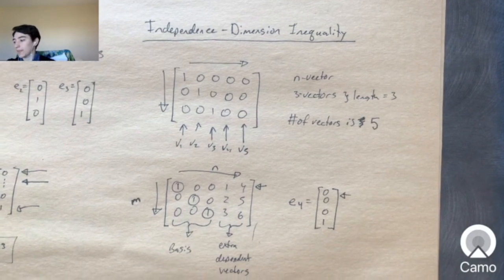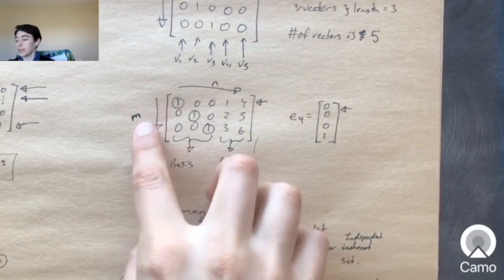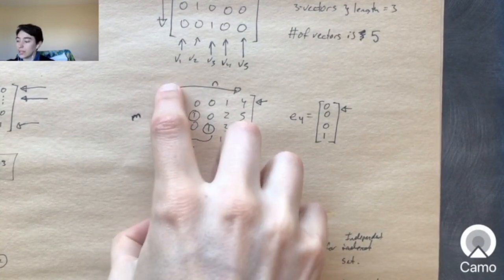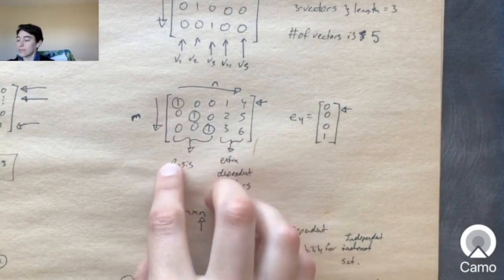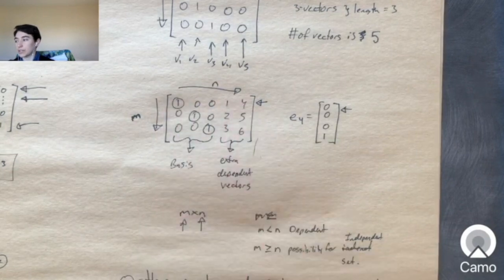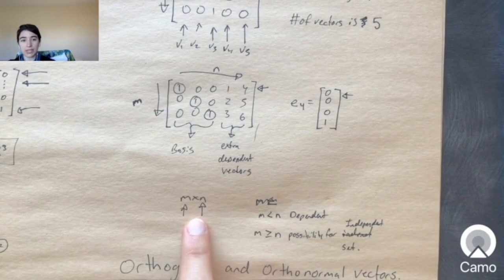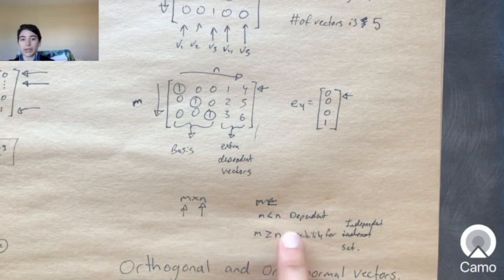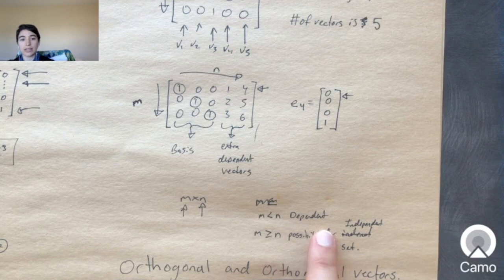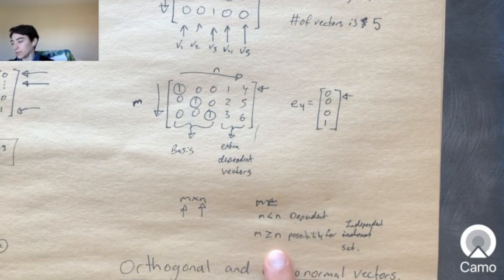However, we can describe this as the length of each vector by m and the number of vectors by n. So we would have an m by n matrix in this case, where if m is less than n, then this set is dependent. If m is greater than or equal to n, then it's possible that this set of vectors is independent.